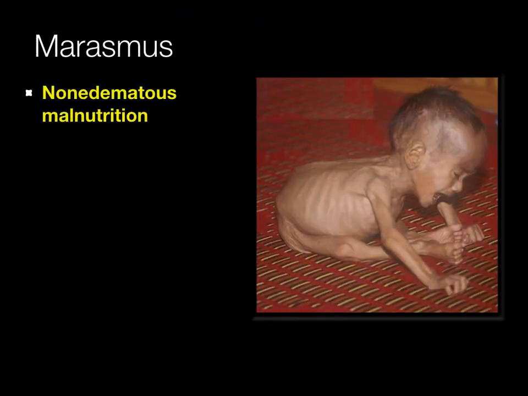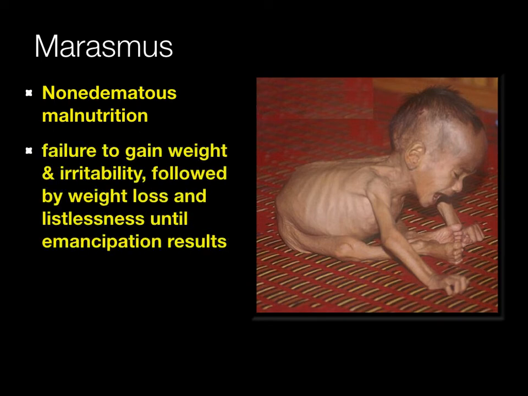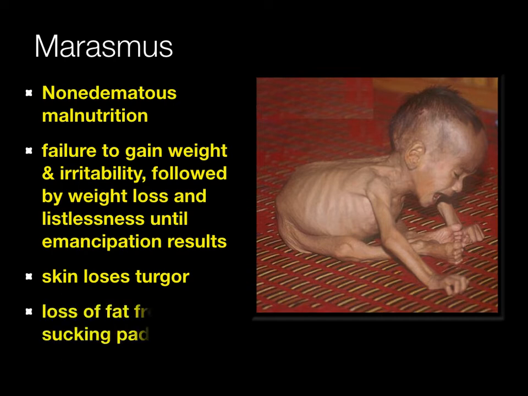Marasmus is non-edematous malnutrition, with failure to gain weight and irritability, followed by weight loss and listlessness until emaciation results. The skin loses its turgor and becomes wrinkled and loose as subcutaneous fat disappears.